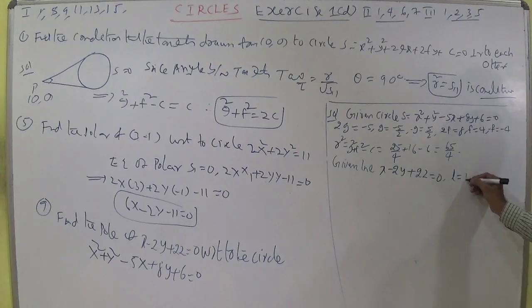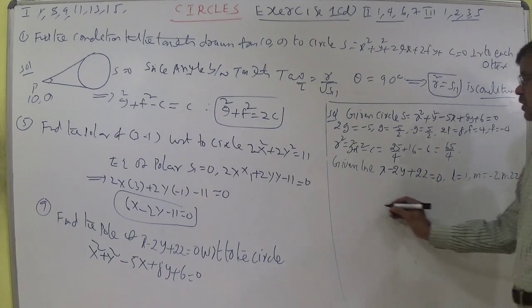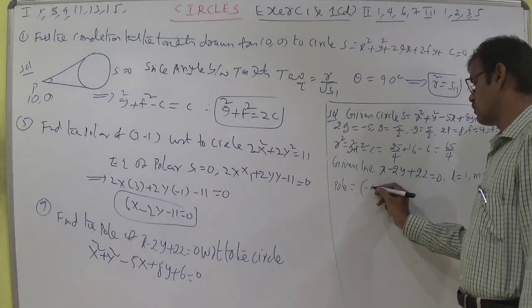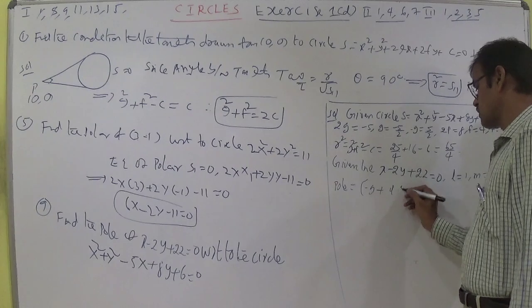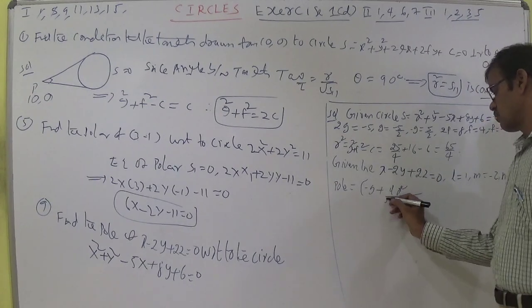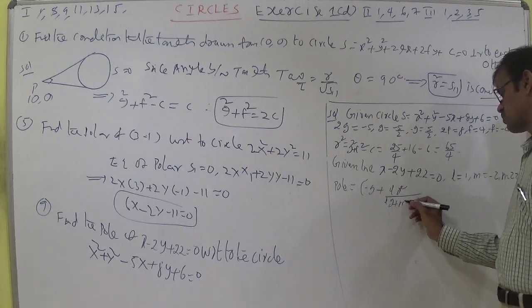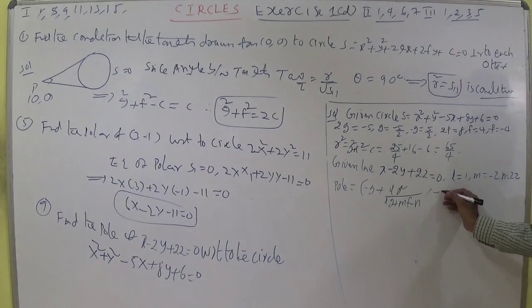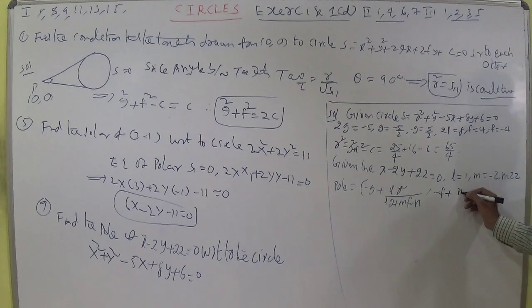Here you write L = 1, M = -2 and n = 22. Write the pole formula. Pole = (-g + Lr²/(Lg + Mf - n), -f + Mr²/(Lg + Mf - n)).